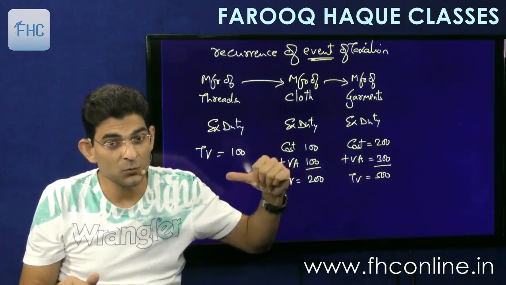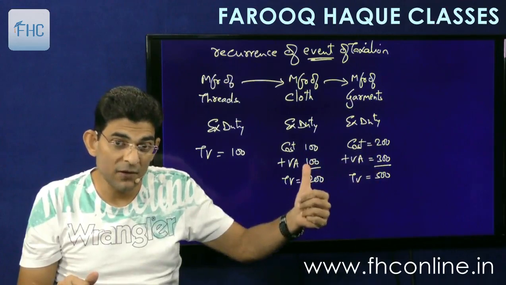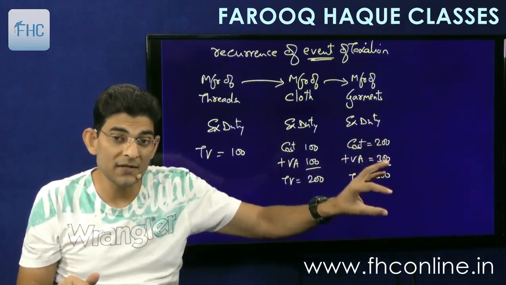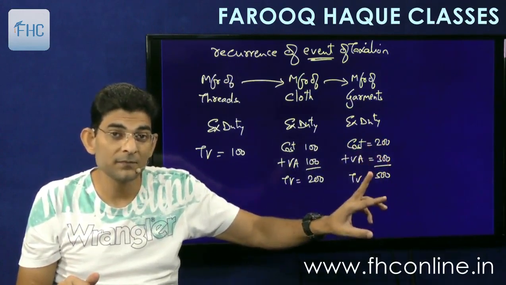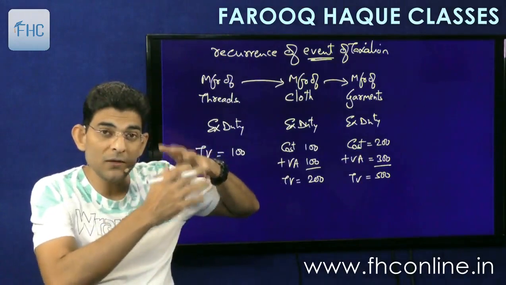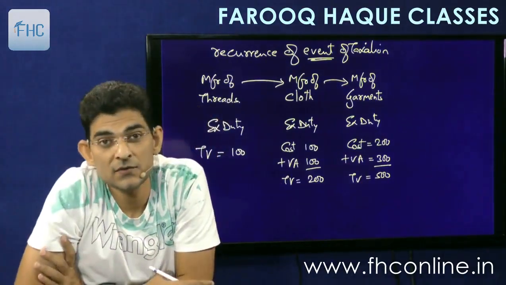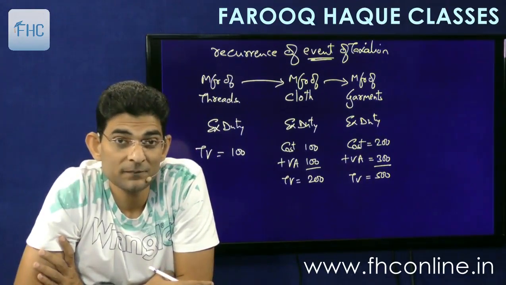This 100 will be taxed one time here, one time here, and one time here. Then this 100 value addition will be taxed once here, and then becoming part of the cost, it will be taxed again here. And this 300 value addition will be taxed for the first time. So the value additions of the earlier people will be taxed again in our hands. So that becomes double taxation, or the cascading effect.